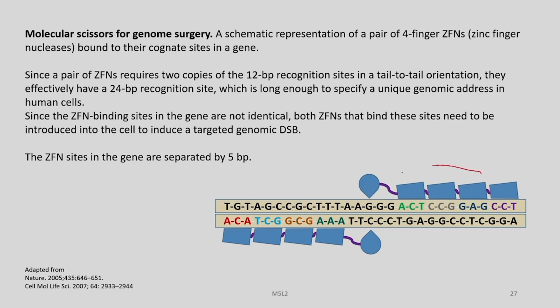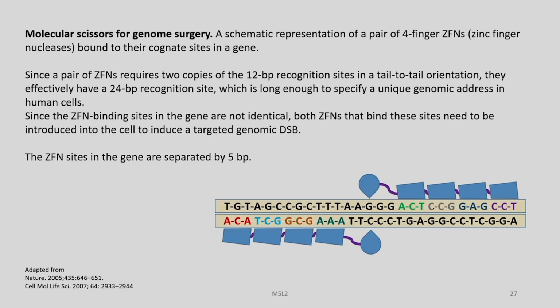So, if they are triplets, the requirement will be actually 9 plus 9 or 18 base pair recognition sites. Since the ZFN binding sites in the genes are not identical, both ZFNs that bind these sites need to be introduced into the cell to induce a targeted genomic DSBs. So, that is another advantage of this technology.